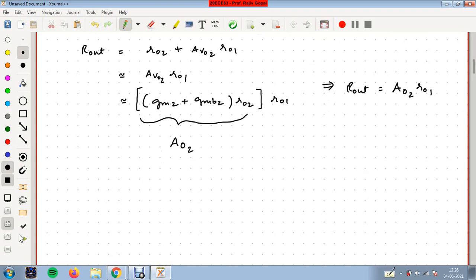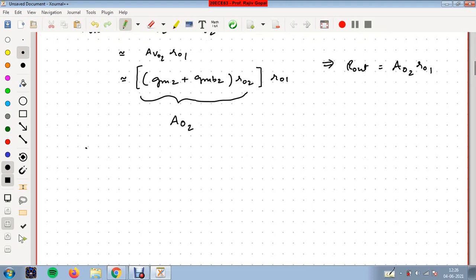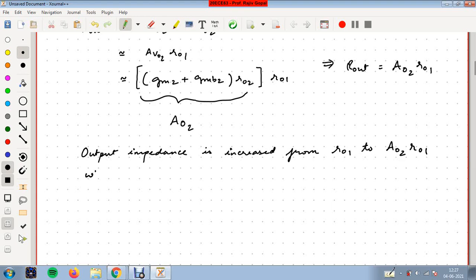The conclusion is that output impedance is increased from R01 to A02 times R01, where A02 is the intrinsic gain of Q2.